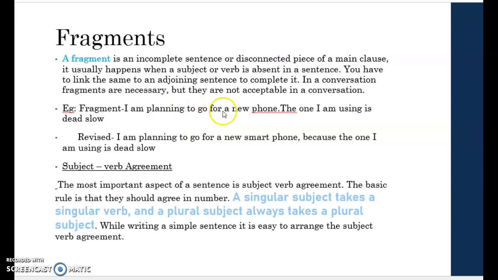The first section is very much fragmented, not connected to the other one, but when we read the full sentence, it does make sense and it is connected. So that is about fragments. Fragments can be avoided by using linking words to connect two fragmented sentences.